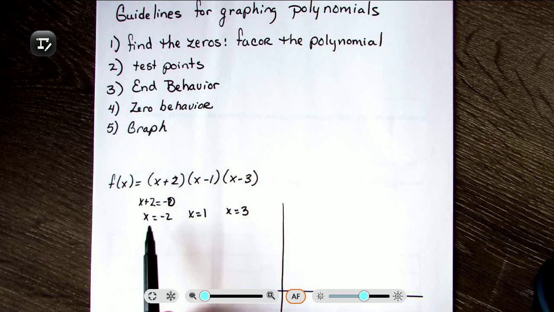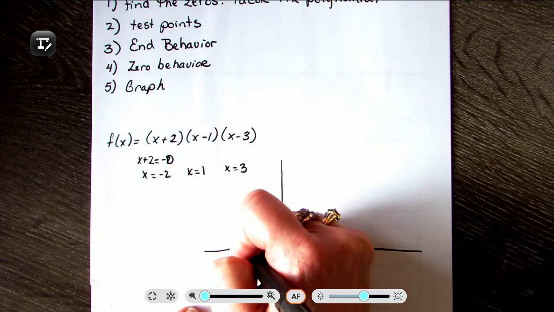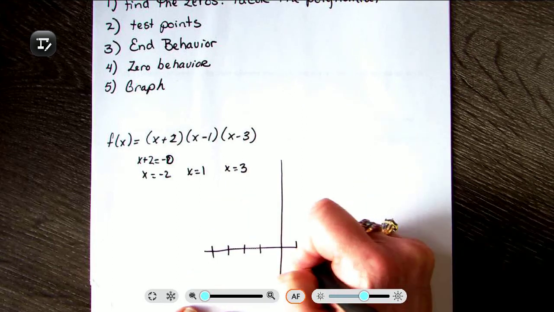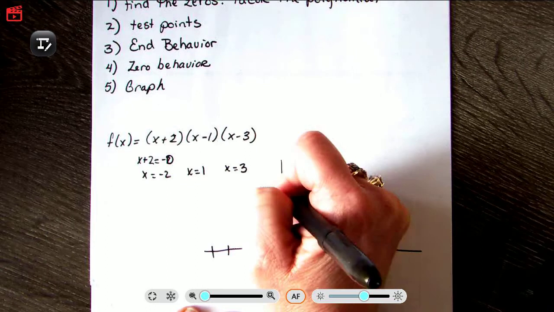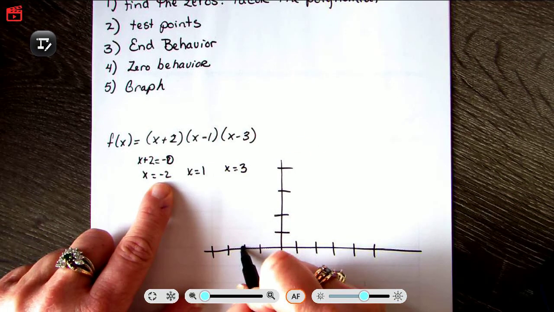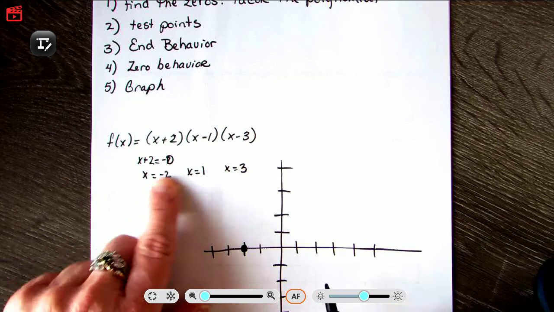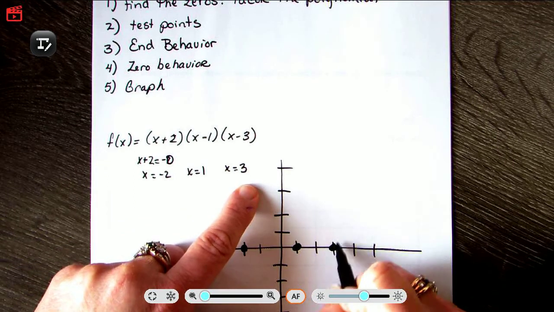So now I'm going to put those values on my number line, getting my graph set up here. We're going to have a zero at negative 2, so we have a nice big fat dot there. We're going to have a dot here, and a dot at 3.